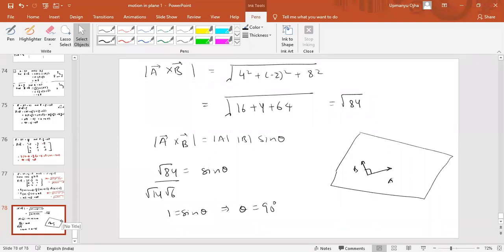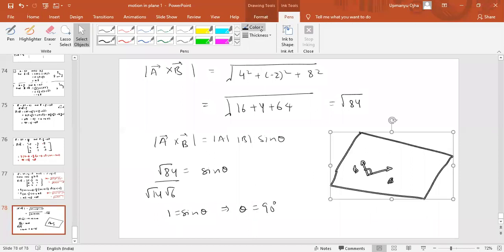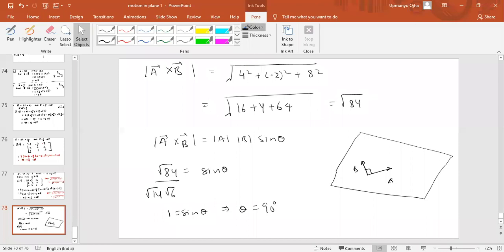Where is your thumb, upward or downward? Up. So what is the direction of A cross B? Upward. That is the direction of the vector. This is n cap.